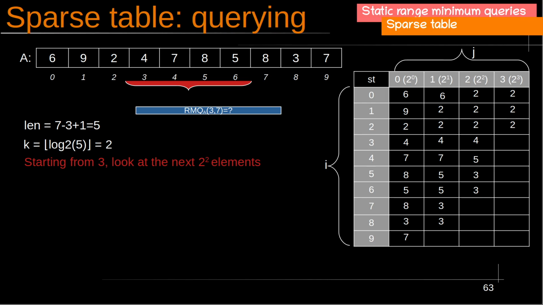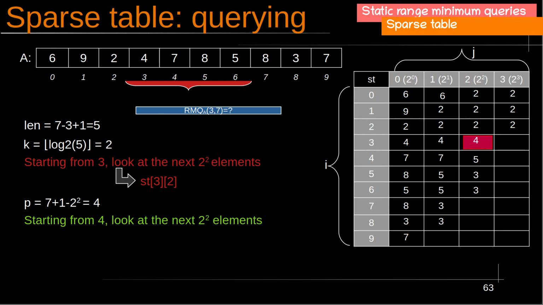So we have to compute the starting position. The position E is 7 plus 1 minus 2 power 2, which is equal to 4. We have seen how to compute this position in a previous slide. So starting from 4, look at the next 2 power 2 elements, which is ST[4][2], this one.